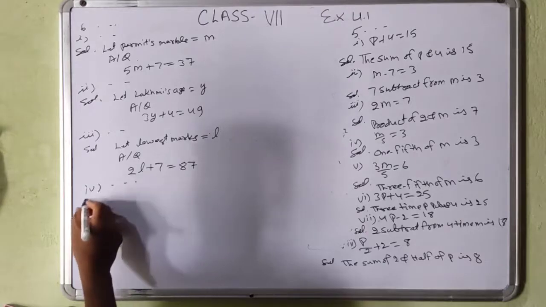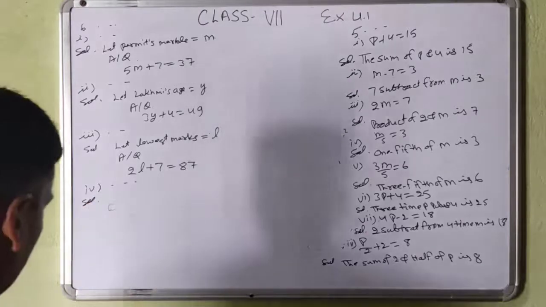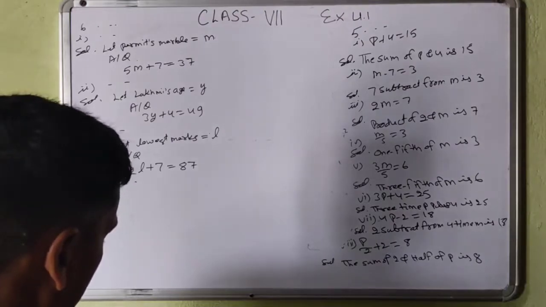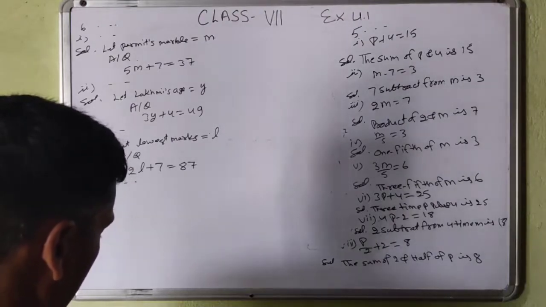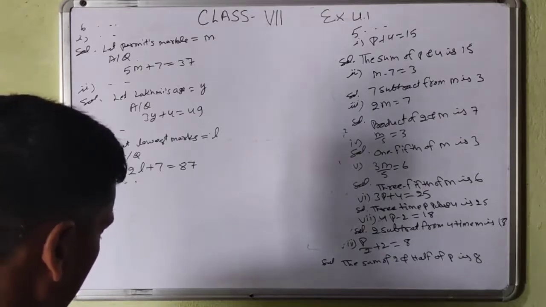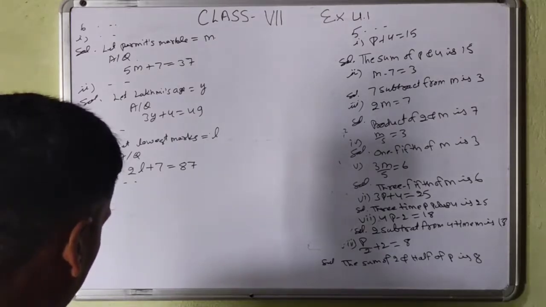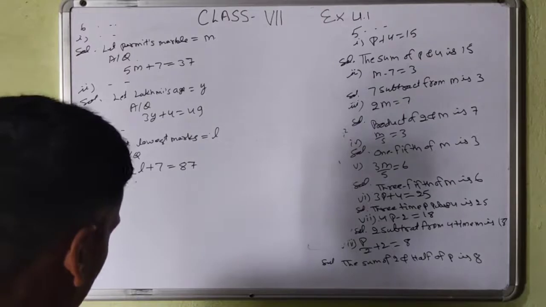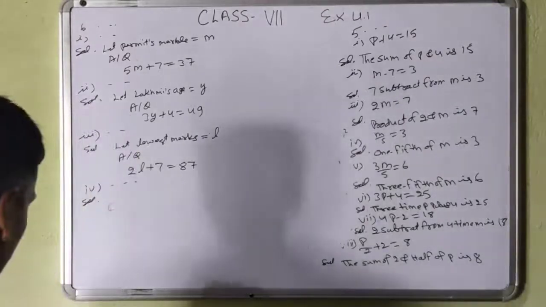Fourth part, in an isosceles triangle, the vertex angle is twice the base angle. Let the base angle be in degrees. Remember that the sum of the angles of a triangle is equal to 180.